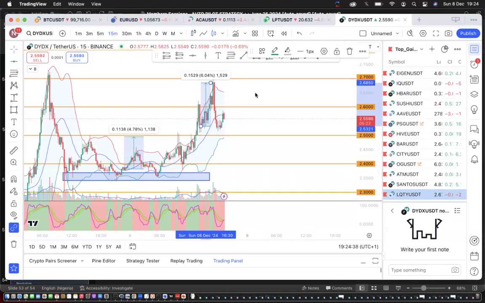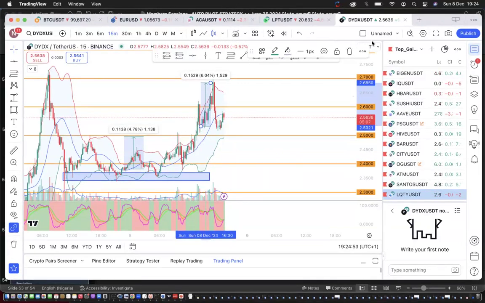So I'm dropping a 1. I want to know how many of us here are knowledgeable with TradingView. I mean, how to use it basically. If you're knowledgeable, drop a 1 in the chat box.